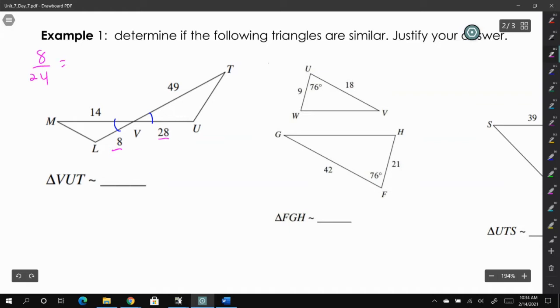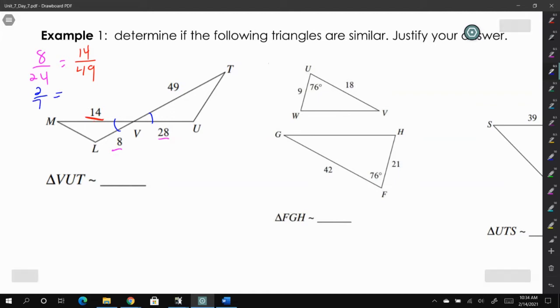Does that equal, and I have to go in the same order, smaller, 14 over 49? Are those two the same ratio? Well, 8 over 24 can be simplified: if you divide the top and bottom by 4, you get 2 over 7.